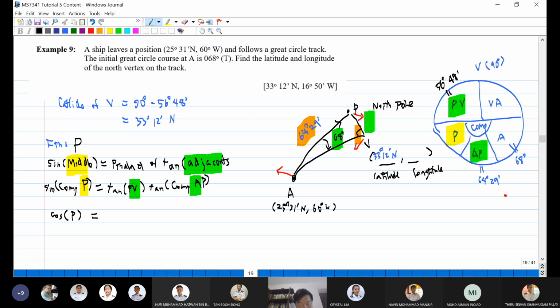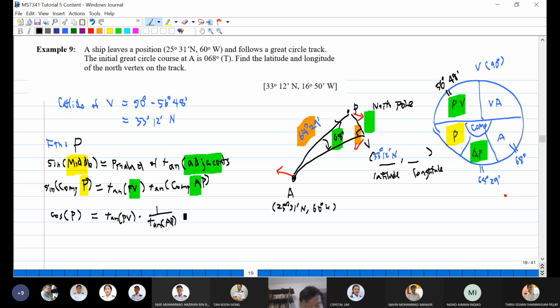So anyway, tangent PV is tangent PV, just leave it there. And tangent com AP is 1 over tangent AP now. Okay, tangent AP is 1 over now, right? So put in the value there.